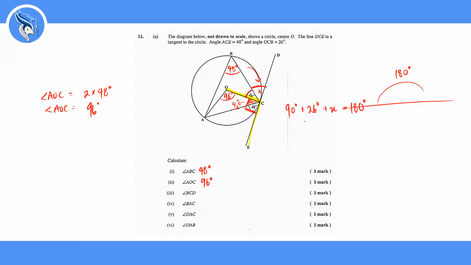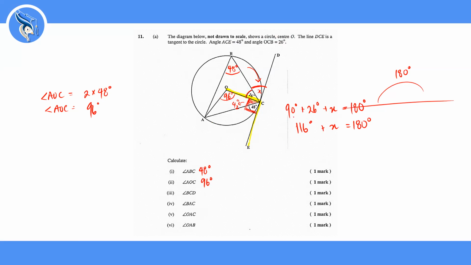So we're doing the same algebra, right? 90 plus 26 is equal to 116 degrees, plus x is equal to 180 degrees. And I'm giving you the opportunity to practice transposing and making different things the subject of an equation. So we need to make x the subject of this equation.